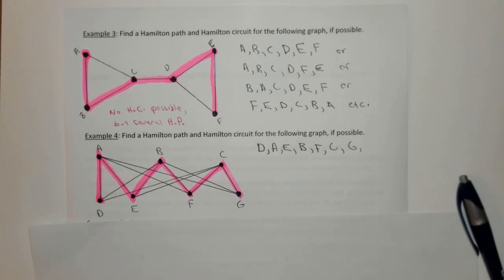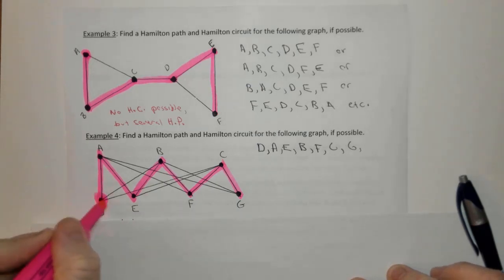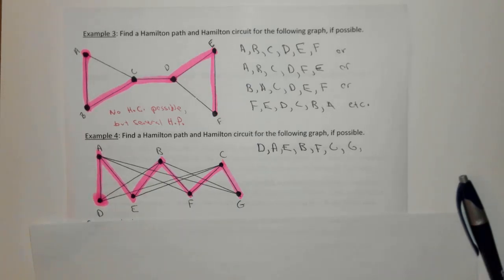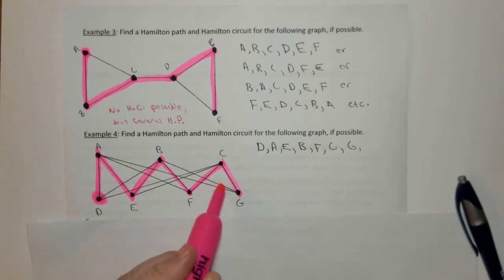Well, the problem is we started at D. If it is a circuit, I end on D. My next stop would have to be B, but I can't hit the same vertex twice.